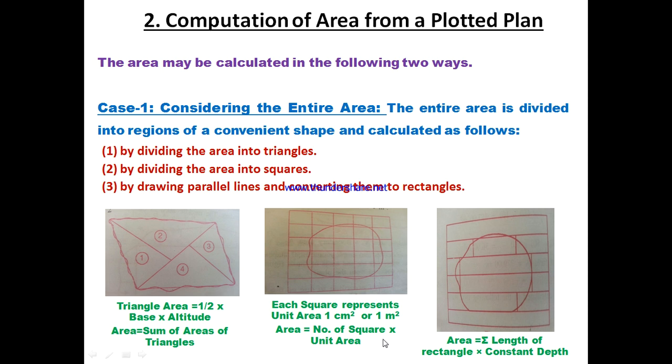If this is an irregular figure we are having, then area can be calculated as length of the rectangle into constant depth, because we can see here that depth is constant for each zone. So in this manner we can calculate area for an irregular geometrical shape by dividing it conveniently into standard geometrical shapes.